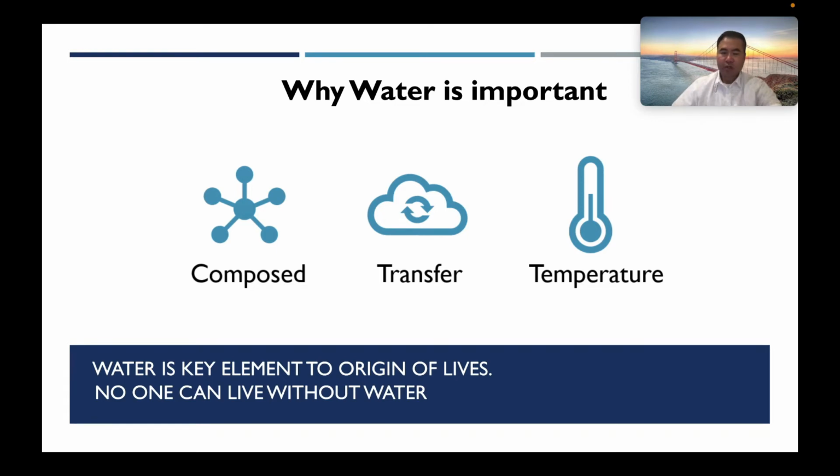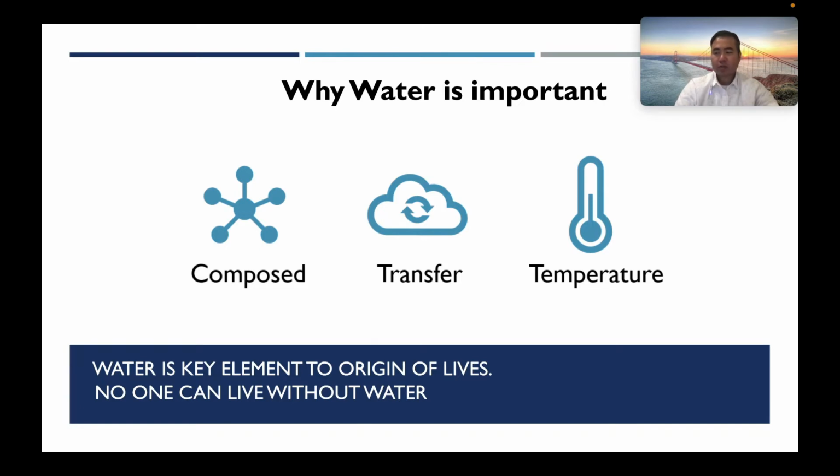Before we start, why is water important? I think anyone in this world can answer this question. It's not a rocket science question. Even kids can answer this one. The human body is made of water.